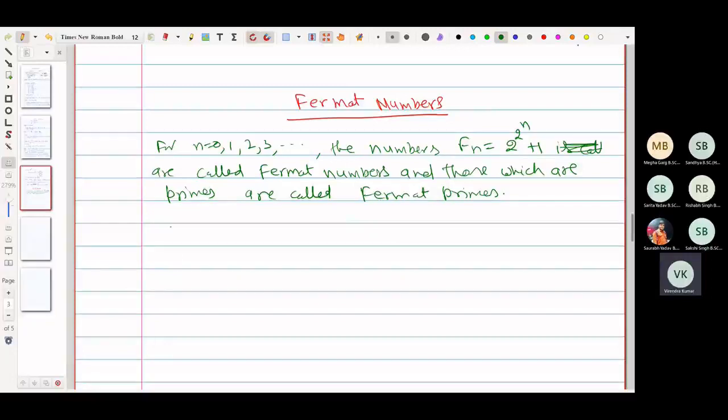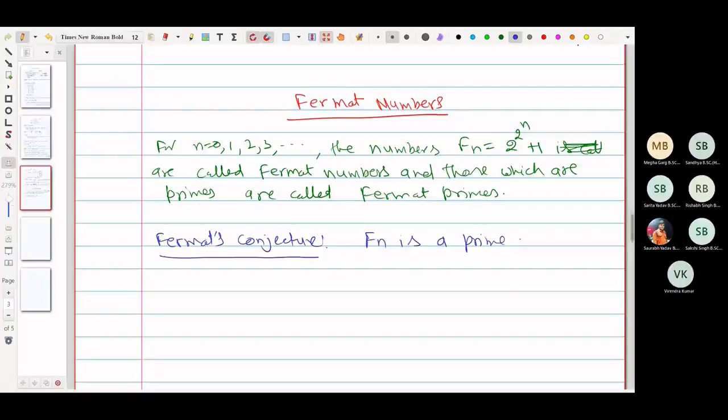So what Fermat conjectured, the Fermat conjecture, is that he predicted that the numbers of this form are going to be prime. So he said that Fn is a prime for every n greater than or equal to 0.